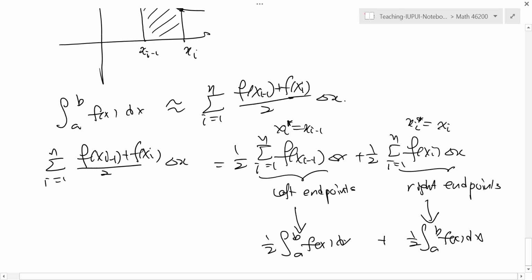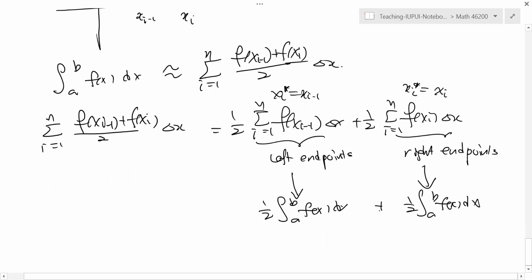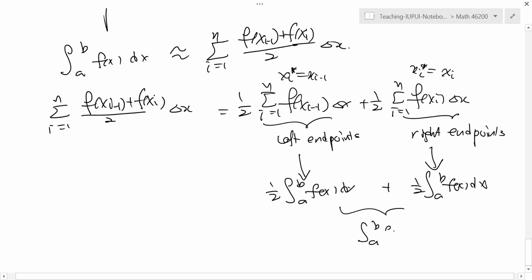So add them together, this is just the integral of the function. That is why the sum of the area of the trapezoids approximates the area of the region under the graph. Right, so you can use a trapezoid to estimate the integral.